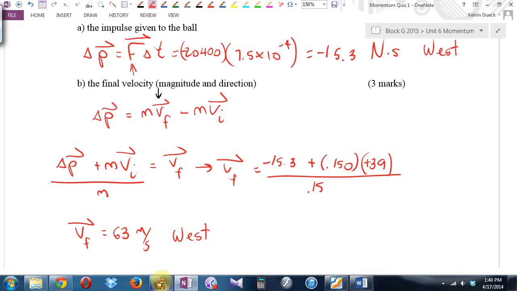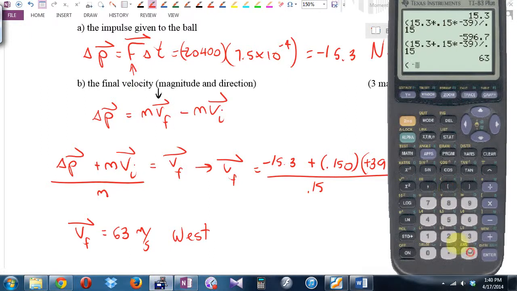And I would have got this: negative 15.3 plus 0.15 times 3 plus 0.15, so far so good, times positive 39 divided by 0.15. The negative, because I let east be positive, that would also tell me west.